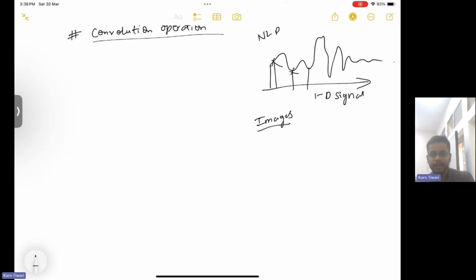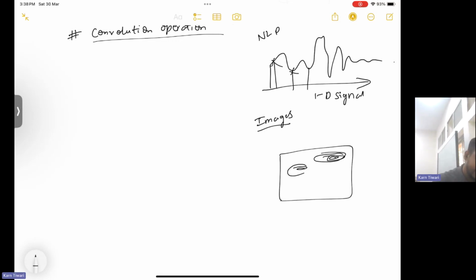We just have spatial dimensions. Whenever you see an image, it's a 2D thing, like a 2D heat map, with certain heat maps where the color changes very drastically. That is how you can interpret images as a 2D signal.